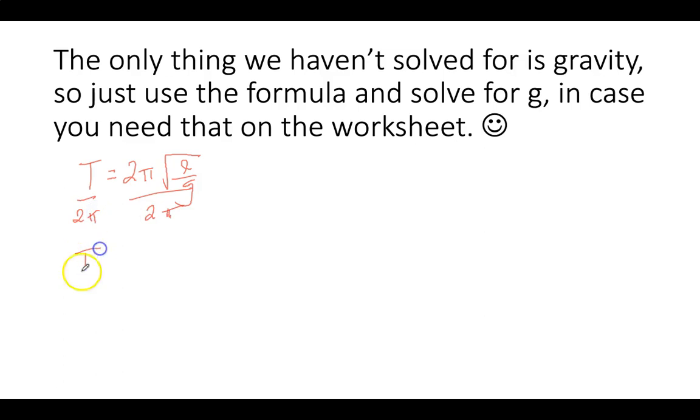So we got T, the period, over 2 pi is equal to the square root of L over G. Next, I still need to get rid of that square root, so I'm going to square it. So I'm going to have L over G is equal to T over 2 pi, all squared.